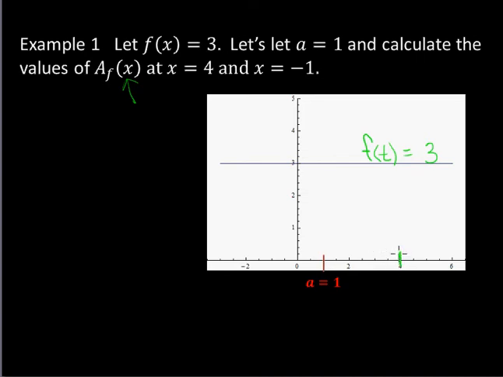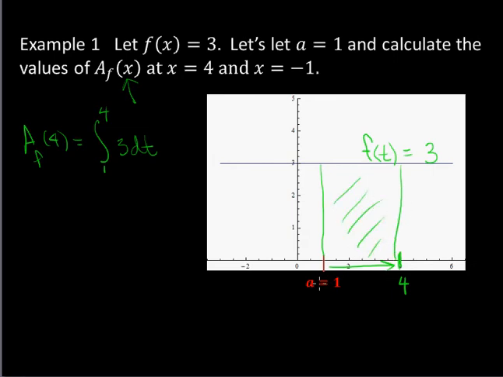So here's 4, and A sub f of 4 will be equal to the integral from a, which is 1, to 4, a to x, of f of t dt, which is 3 dt. So we would have the signed area going from left to right, so it will give the positive contribution of, in this case, the area of that rectangle, which is a 3 by 3. Our answer is 9.